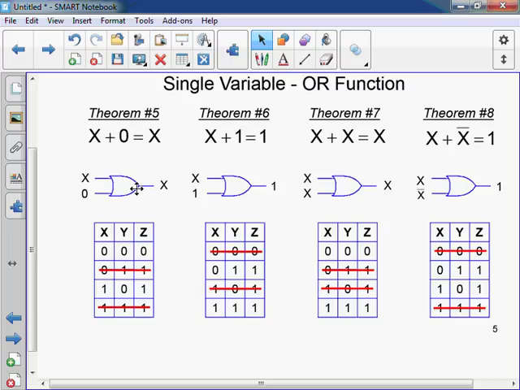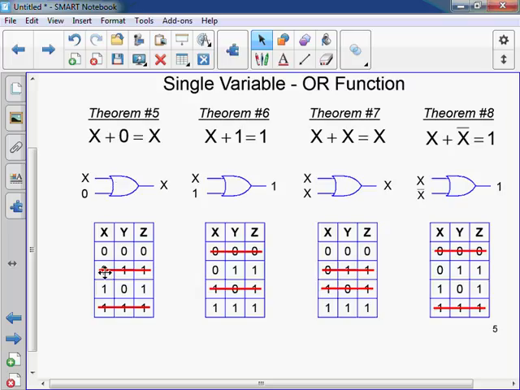Well, remember how the OR gate works. You can only get a 0 if both of your inputs are 0. So if x is 0, you will get a 0. But if x is 1, you will get a 1. So the output matches x exactly. So the output really is just x itself.